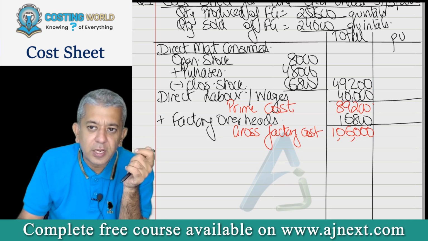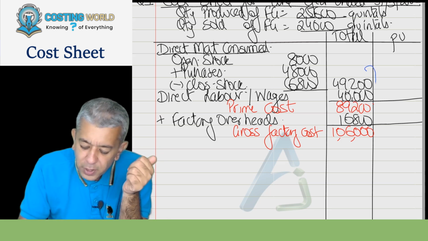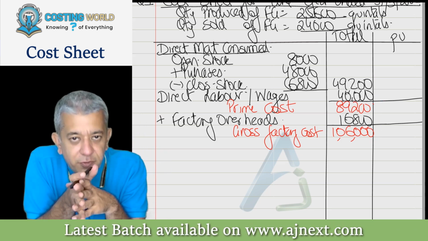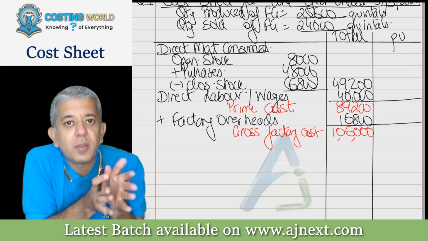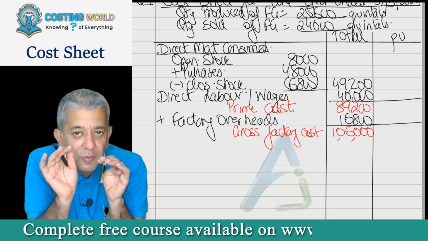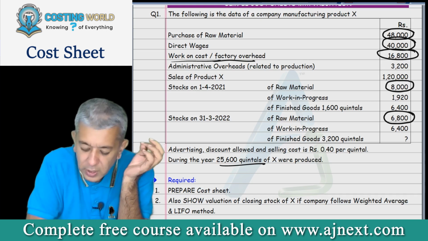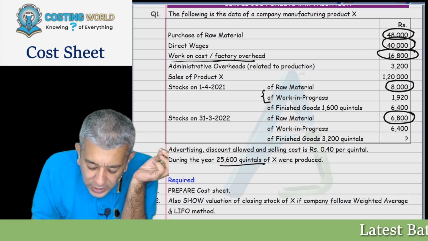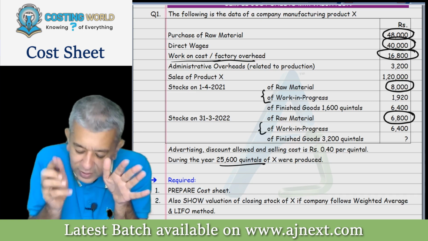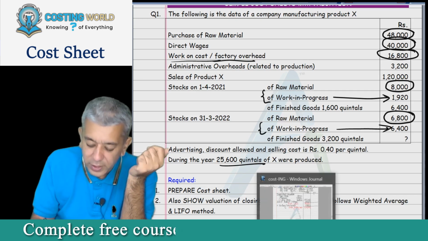So in this particular case, it's a very simple thing. To get per unit of these figures, you should divide by quantity produced of finished goods plus quantity produced of WIP. But if you check this question and many questions in future, the WIP quantity is not given to you. You have rupees, you do not have the quantity.